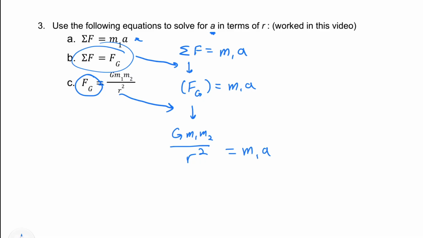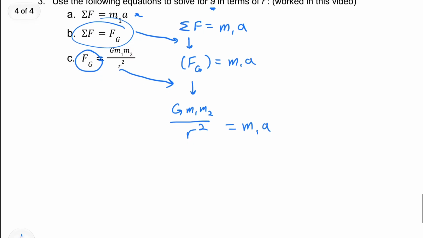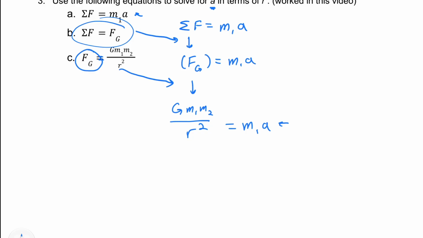Ultimately, we want to solve for a in terms of r. What's nice and convenient is right now we've got a almost by itself, and r over on the left side of the equation. So we're just going to flip-flop this to get a over on the left side. We'll swap the sides here. So m1a equals big G m1 m2 over r squared.